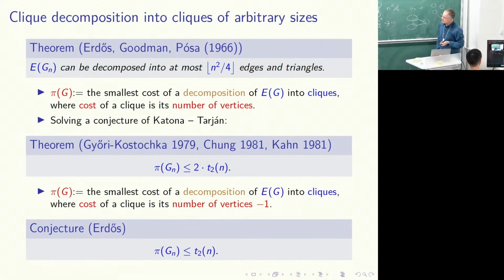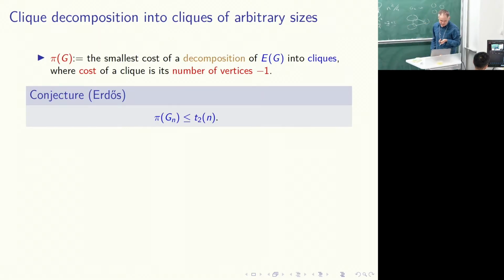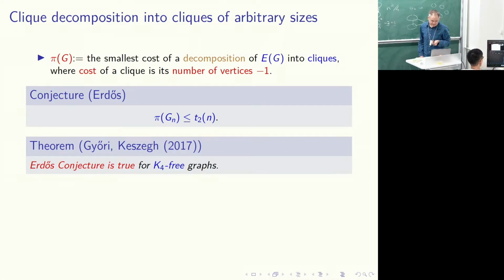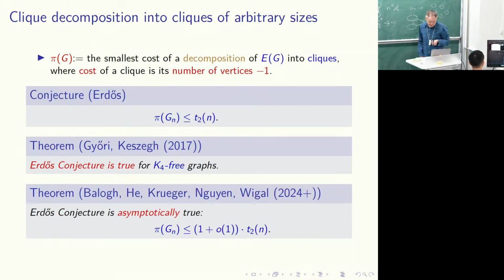Erdős conjectured that the worst case should be the complete bipartite graph, and that was actually the main motivation of the Győri paper, because their result implies that the Erdős conjecture is true for K4-free graphs.